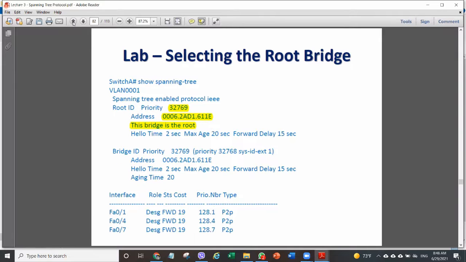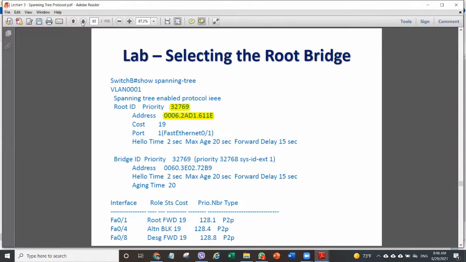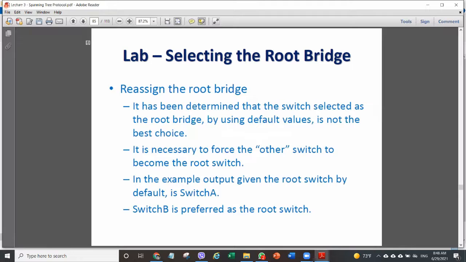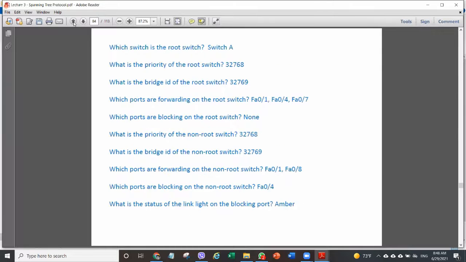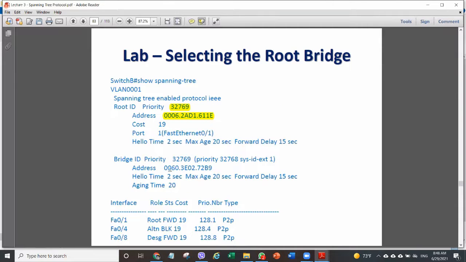Just check. 2AD1. Yeah, it is about the root information. This particular switch is this one. Separate one. Its priority also same, but it is not the root.